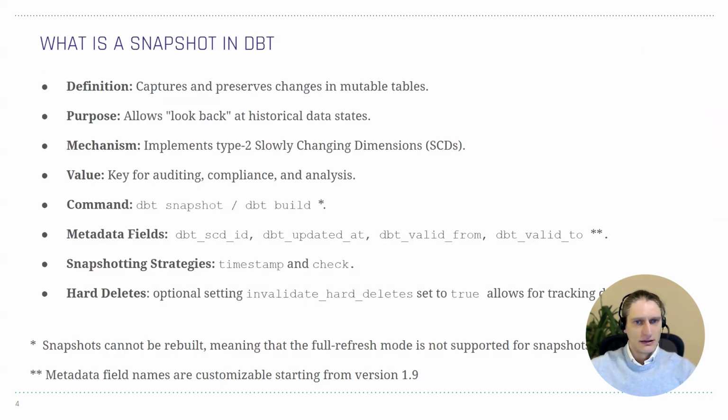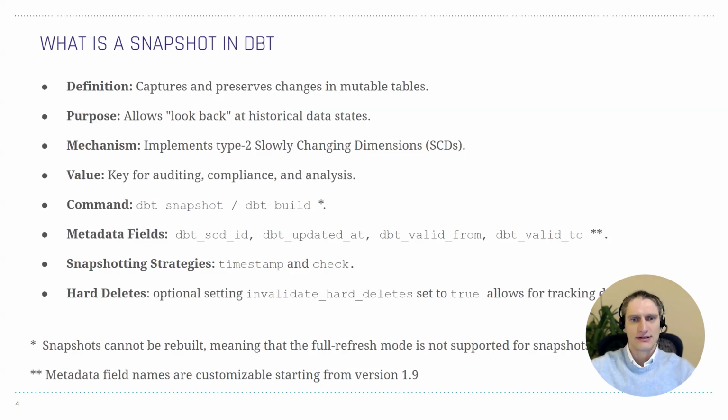Let's get started. First, let's take a quick moment to refresh our understanding of what DBT snapshots are. A snapshot in DBT is a tool that captures and preserves changes in data for tables that may be updated over time. Snapshots essentially act as a history-preserving feature.